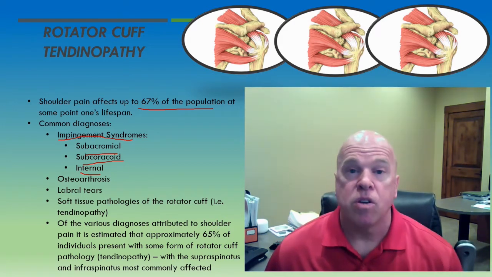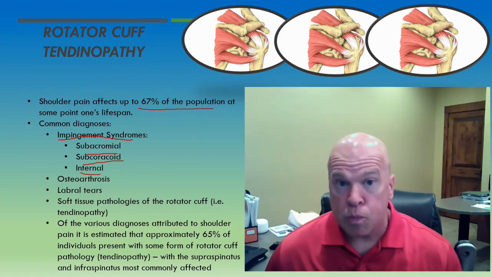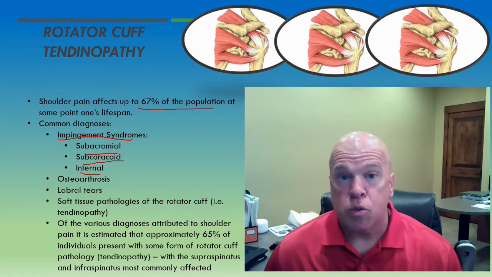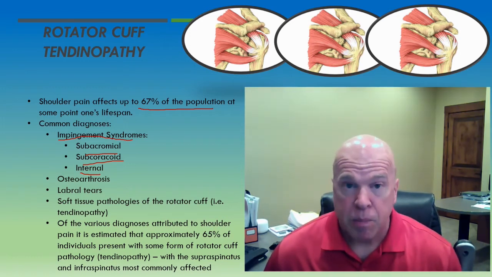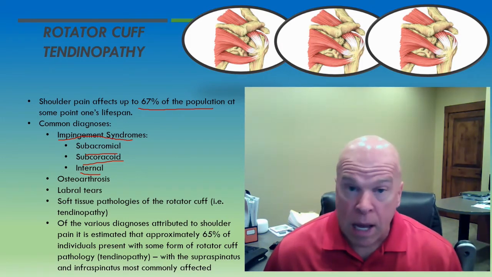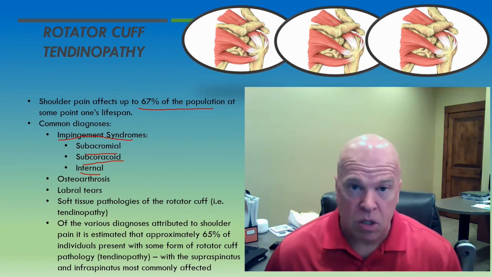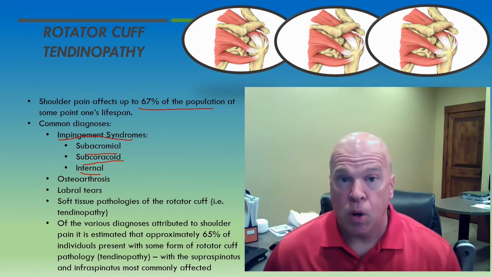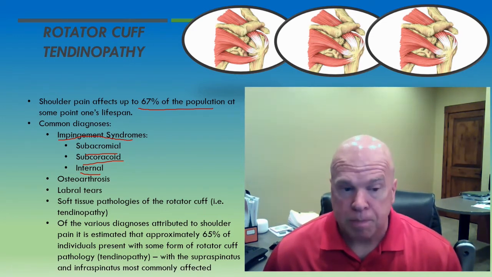The undersurface of the acromion serves as a pinch point for the supraspinatus tendon, the infraspinatus tendon, and the subacromial bursa. Remember, the greater tuberosity of the humerus is the insertion point for both the supraspinatus and the infraspinatus tendons.